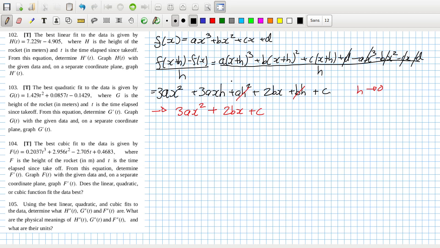So there should have been an h here. I lost that. So I should have 3. Yeah, that's right. So it makes it quite easy to answer all of these derivatives then. So h derivative I can easily get, g derivative I can easily get, and f derivative I can easily get.